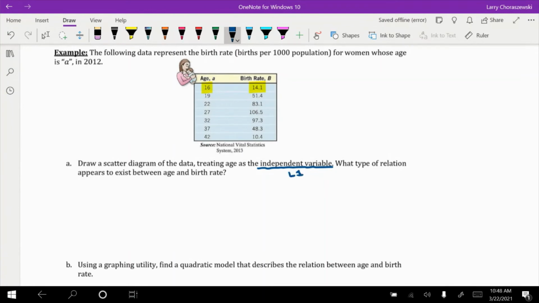This is going to go into the L1 list. So all of these values in the age column will be entered into our calculator into the L1 part of a table. And the dependent variable B, all these values will get entered into an L2 column of our table. Let me show you how to do that.